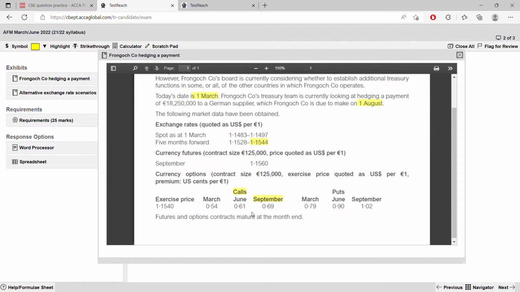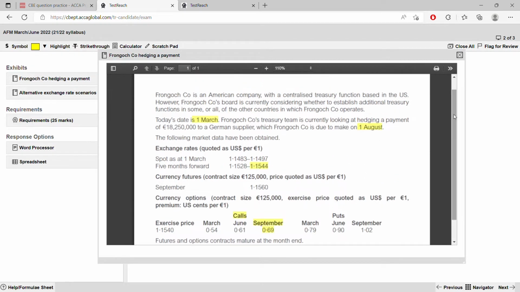The exercise price is given, and we are told to assume the option will be exercised, and this is the premium 0.69 basis. The contract size for both will be 125,000. Now, starting with this one, decide whether you are going to multiply or divide. Decide here itself, before jumping to Excel. You are going to divide your 18.25 million by this, or multiply.